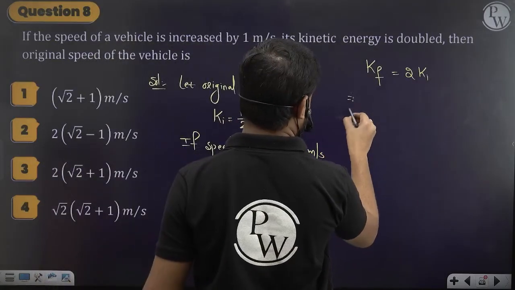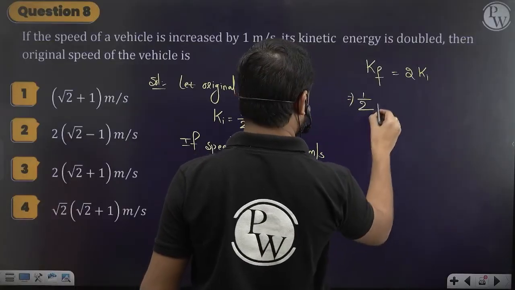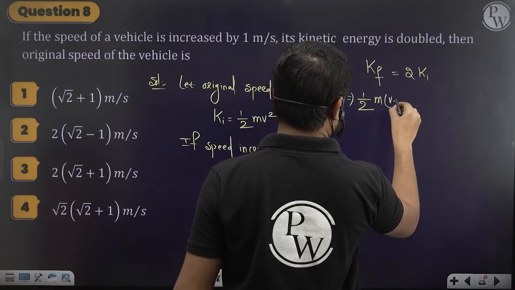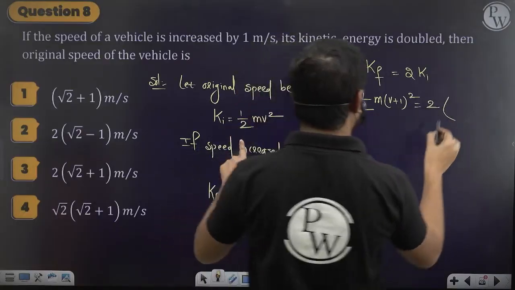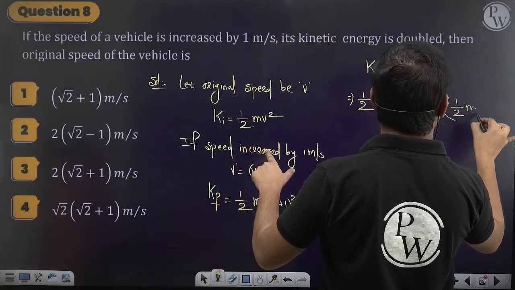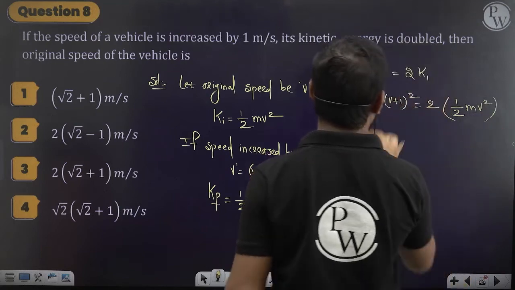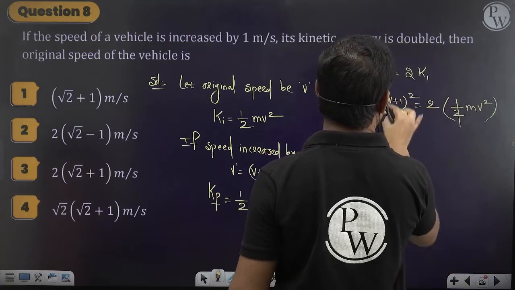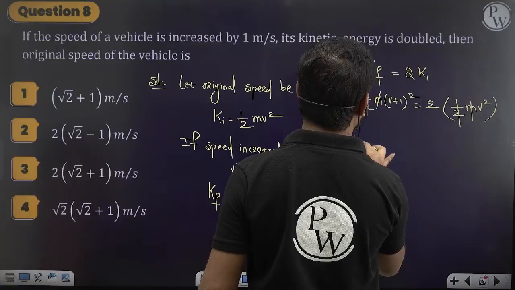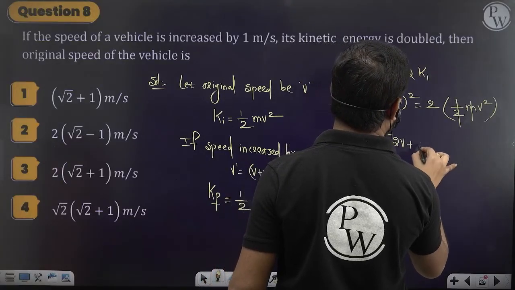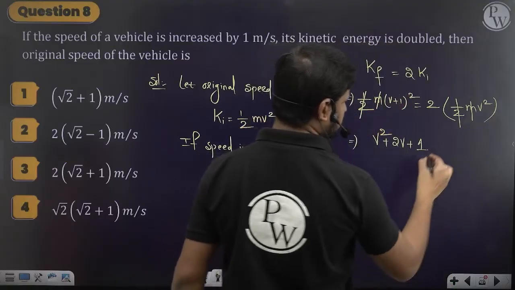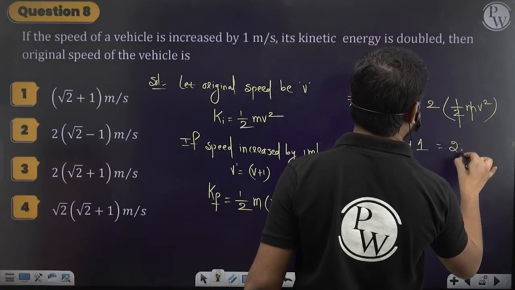So we can write half into m into v plus 1 whole square is equal to 2 times k initial. What is k initial? Half into mv square, right? So here half gets cancelled, m gets cancelled. So v plus 1 whole square is v square plus 2v plus 1, right? Yes or no? And this is equal to 2v square.